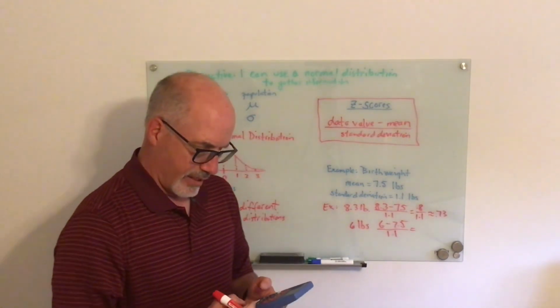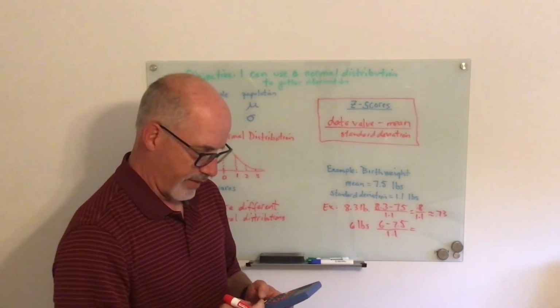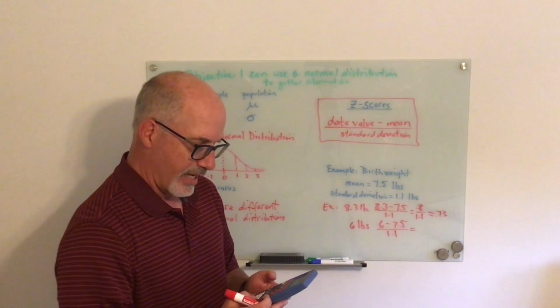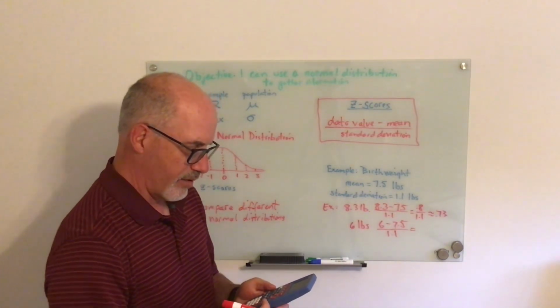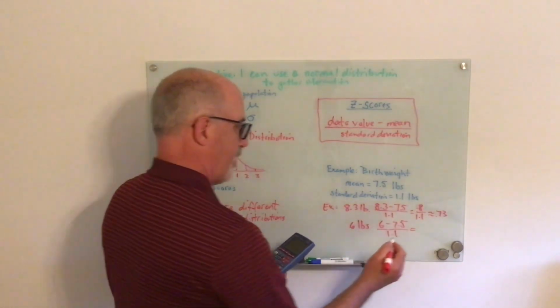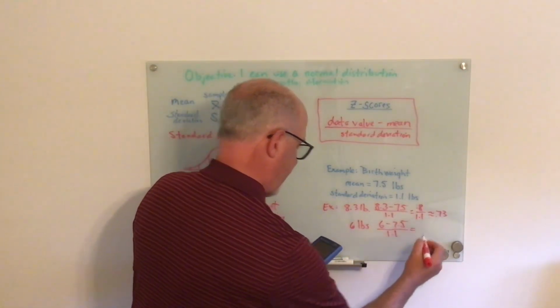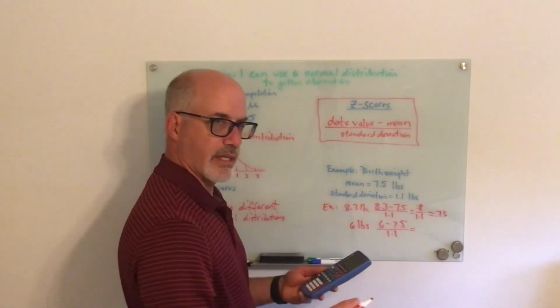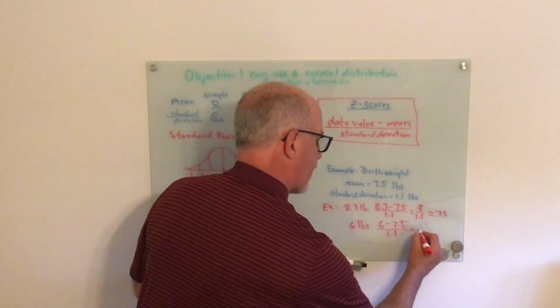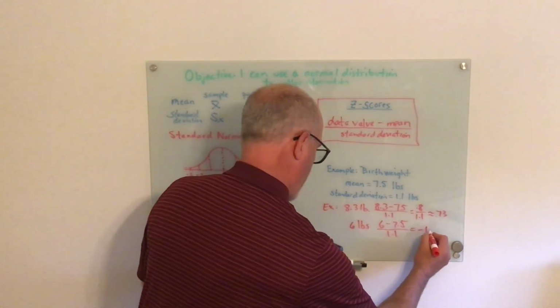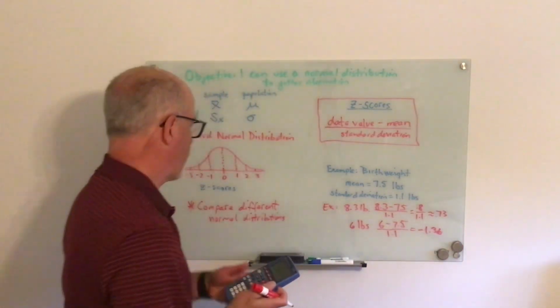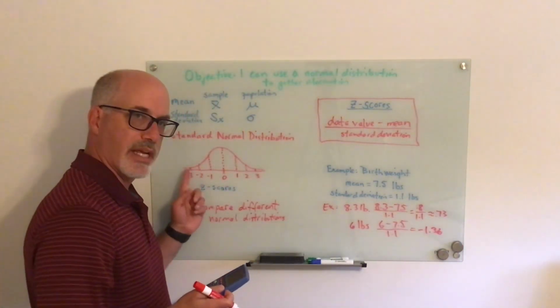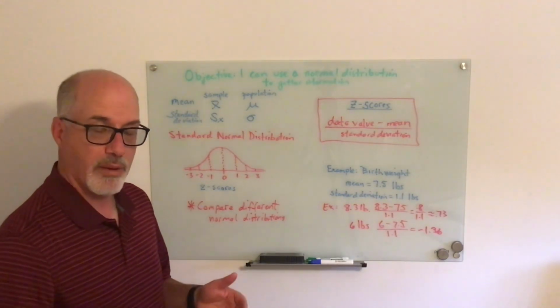So if you take 6 minus 7.5, you get negative 1.5, and divide by 1.1, the standard deviation, you get a z-score of about negative 1.3636. It keeps repeating. So I'm going to say about negative 1.36 for our z-score. So it's going to fall between negative 1 and negative 2.